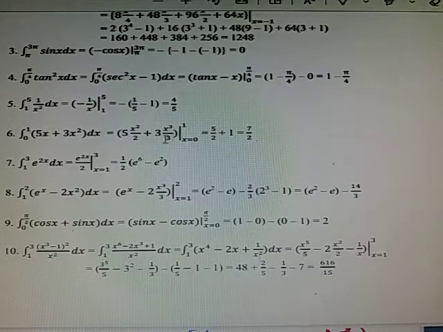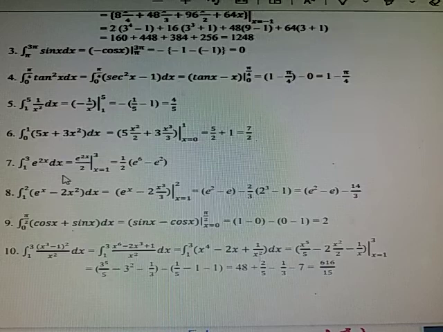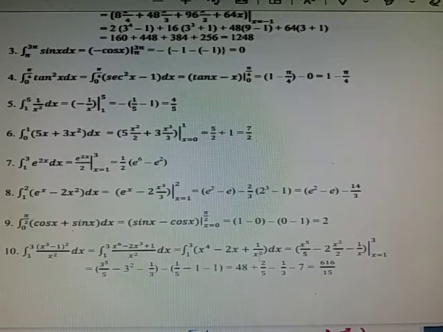Then this problem is the same, these are polynomial. This is an exponential function, e to the power twice x. So integration of e to the power twice x. The derivative of e to the power twice x is 2 into e to the power twice x. So in integration you have to divide.